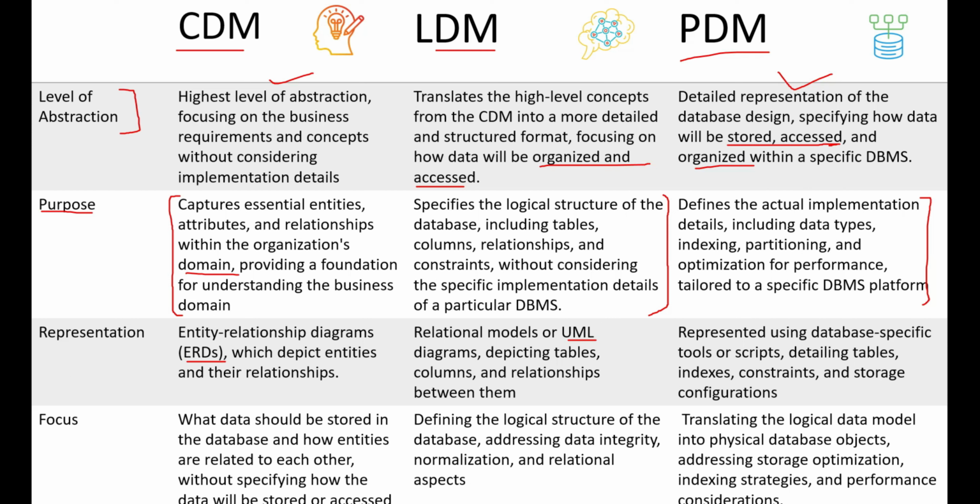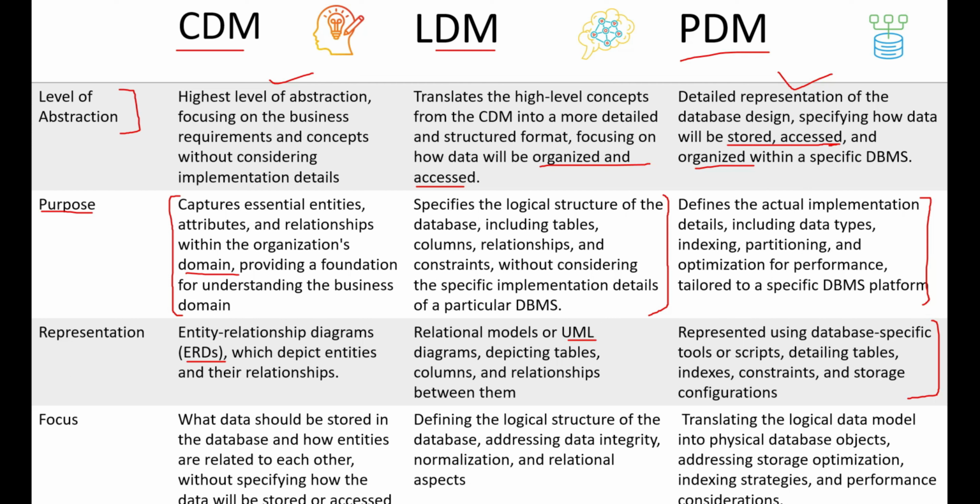And PDM is represented using database specific tool scripts, as we were thinking about DDLs, right? Create table scripts, create views, create partitions, create stored procedures, and the queries. Those are scripts, so those will come into the PDMs.